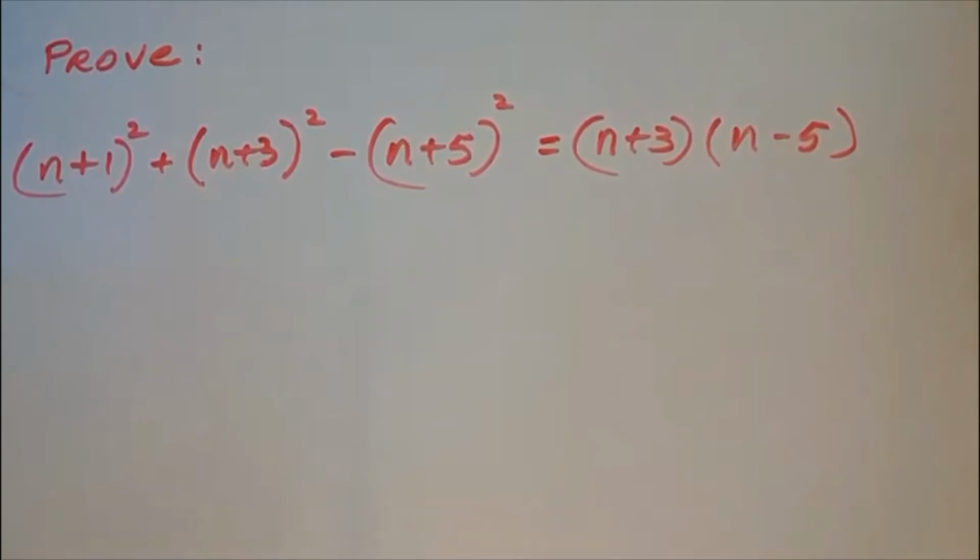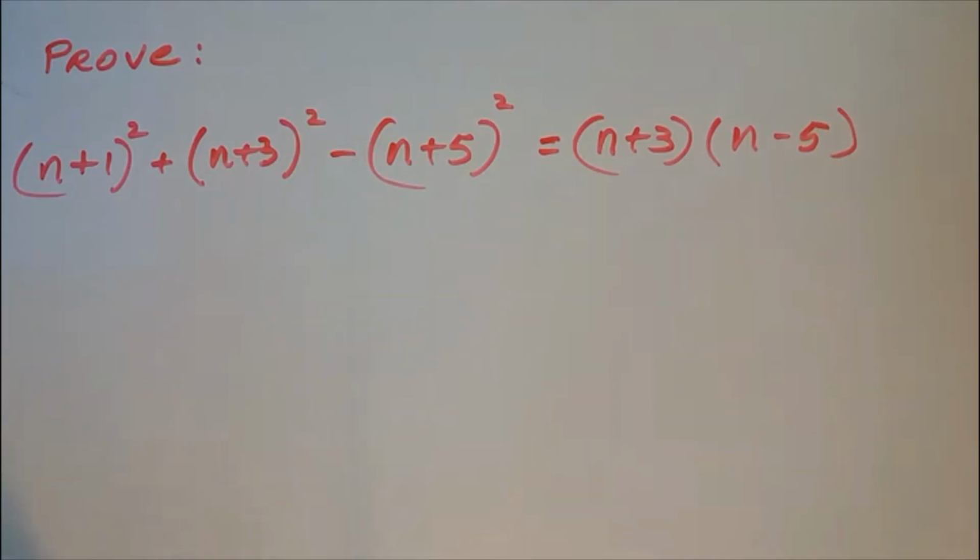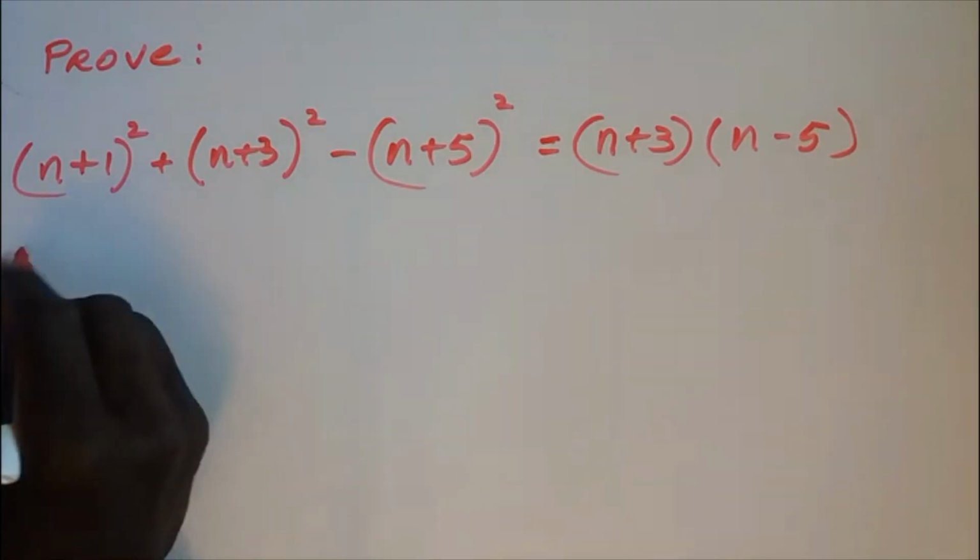Right, what if we have to prove this equation? Well, we'll start with the left-hand side and see if we can prove that it's equivalent to the right-hand side. We'll clear the brackets.